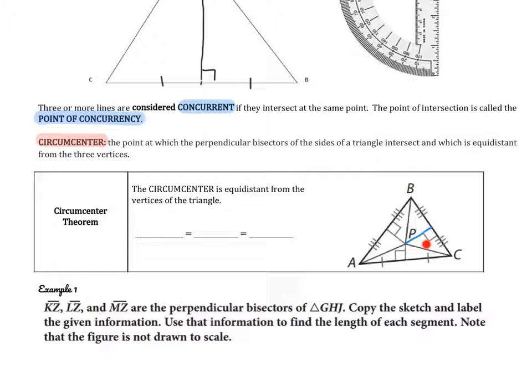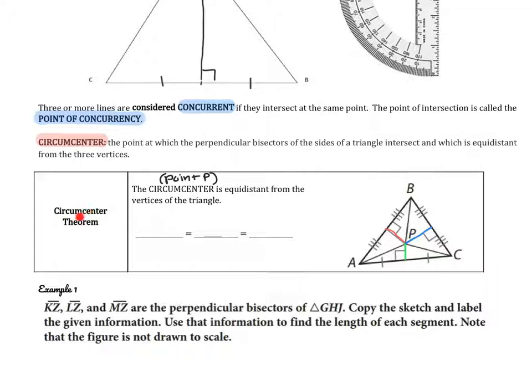I see that because the 90-degree and the 2 equal parts. This is a perpendicular bisector right here, and so is this. So I have 3 perpendicular bisectors that intersect at the same point. So we call this point the circumcenter. So our circumcenter in this case is point P.